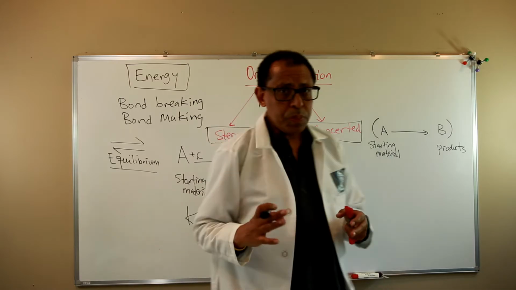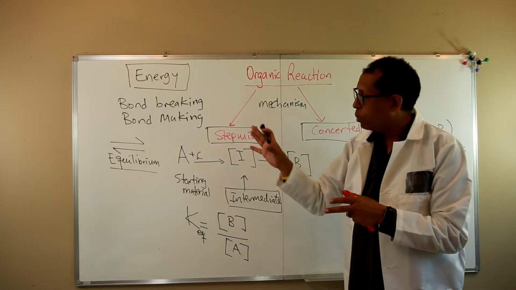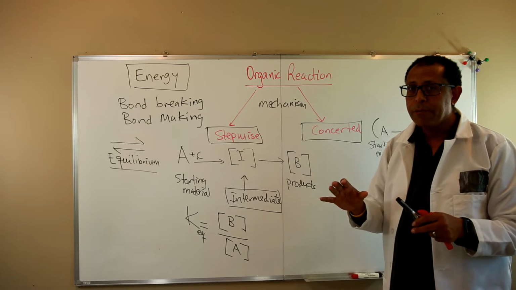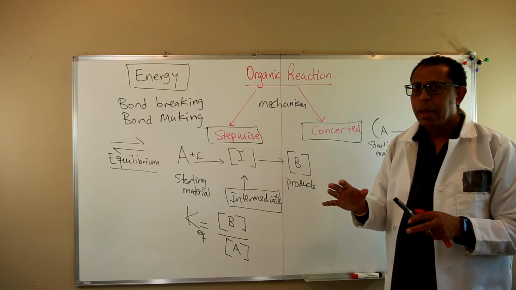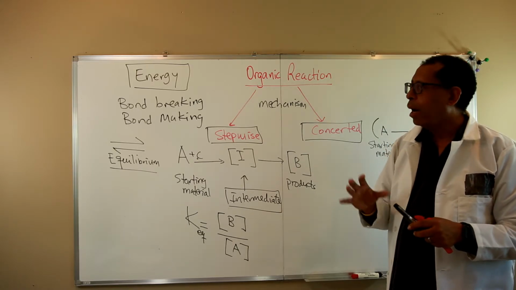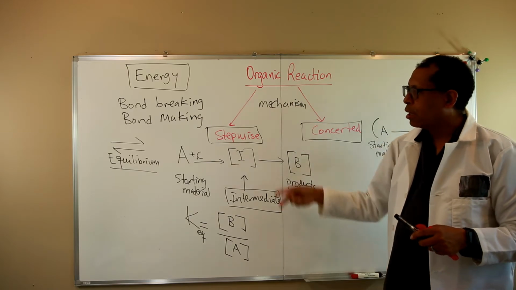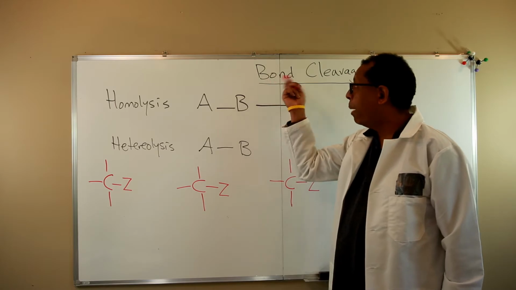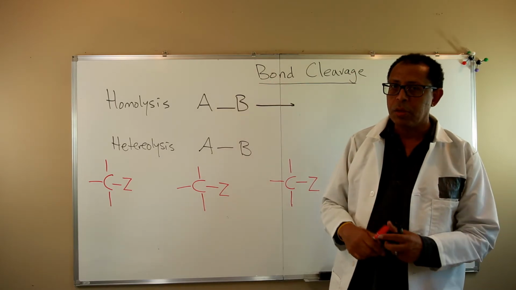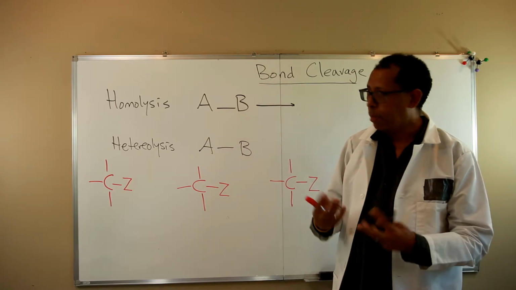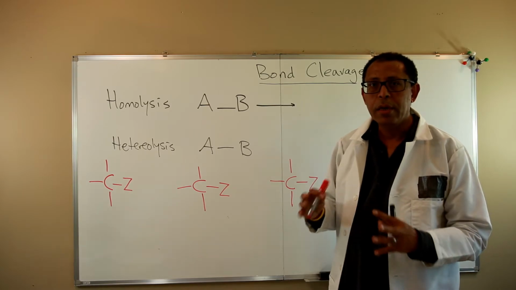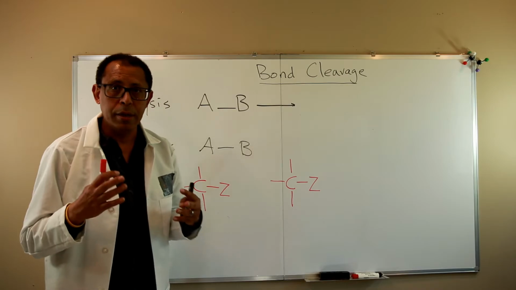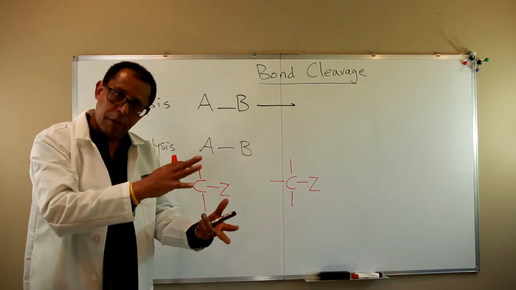So in the next few slides, I will show you what kind of bond breaking and what kind of bond making happen in the stepwise reaction. Let's see what bond cleavage is. That's when a bond is being broken, and bond cleavage in most cases needs the addition of energy.